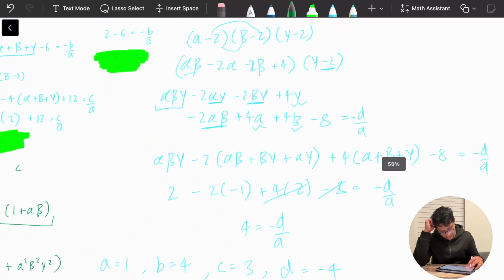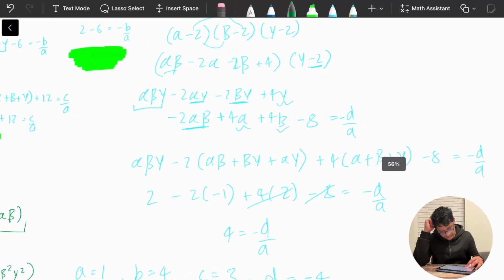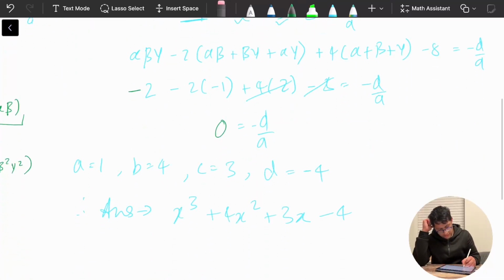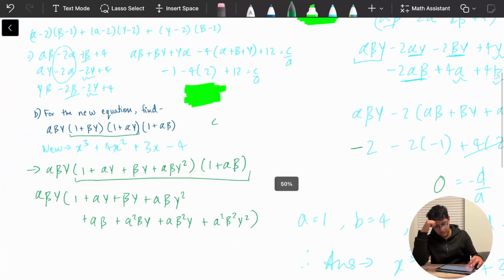So here, this is minus 2. So d by a is just 0. So there is no d. D is 0. So that's our new equation. Cool.